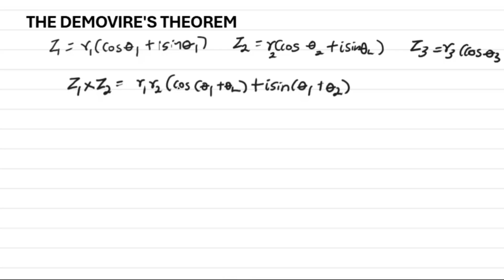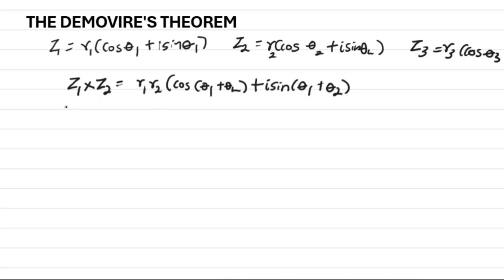From here, it means that z1 times z2 times z3 gives us r1 r2 r3 cos (theta 1 plus theta 2 plus theta 3) plus i sine (theta 1 plus theta 2 plus theta 3).